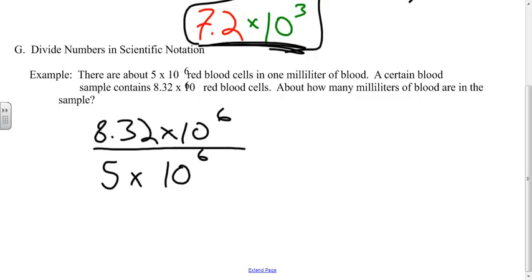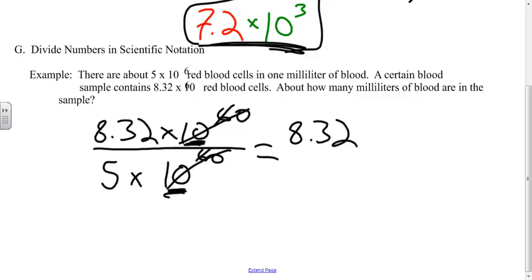Well, like we did before, we recognize that there is a base of 10 on both the numerator and denominator. So we can take away 6 from the exponent of the numerator and 6 from the denominator, leaving 10 to the 0th in both instances, which both just become 1. So that becomes 8.32 over 5 is what we're left with.